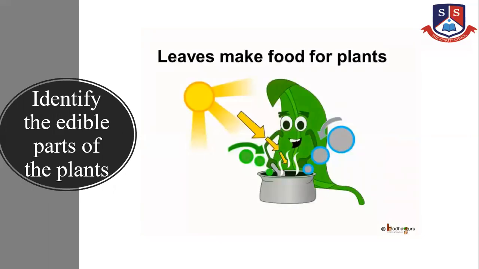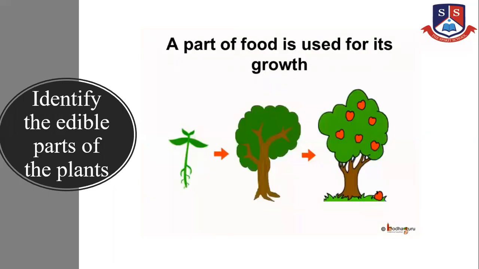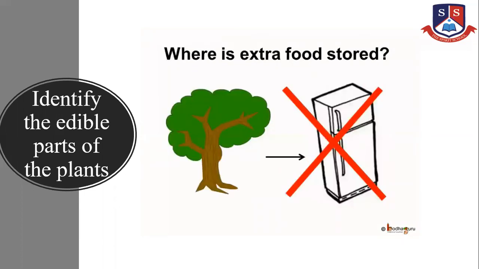We know the green plants make their own food. Some food is used by them for their own growth. But what happens to the extra food left behind? Plants don't have refrigerators like us to store their food. So, what do they do with that extra food?